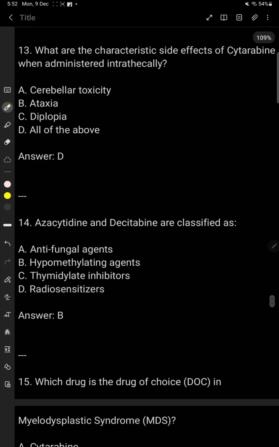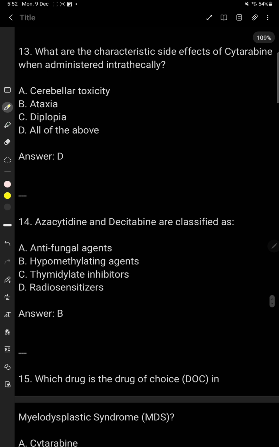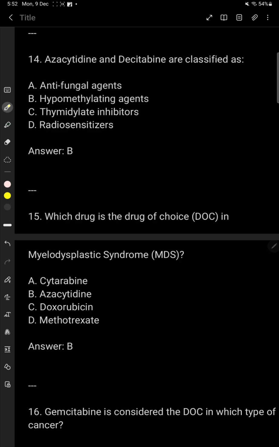What are the characteristic side effects of cytarabine when administered intrathecally? When injected intrathecally, it can cause ataxia, diplopia, and also cerebral toxicity. Ataxia is lack of coordination. Diplopia is double vision.